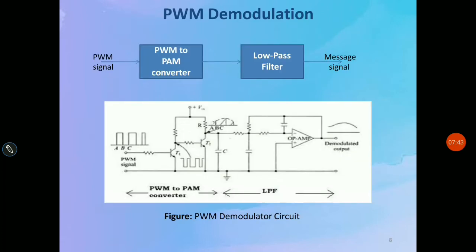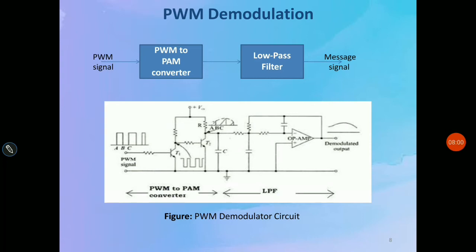So next is PWM demodulation. Now in the case of PWM demodulation, the PWM signal is generated and comes into the PWM to PAM converter.